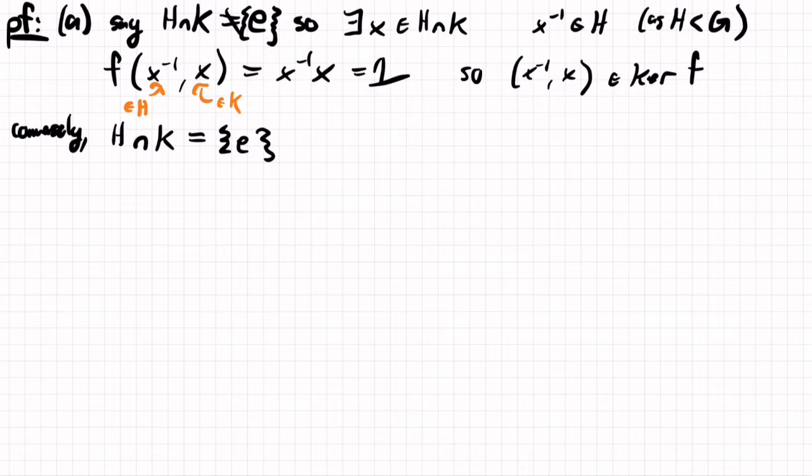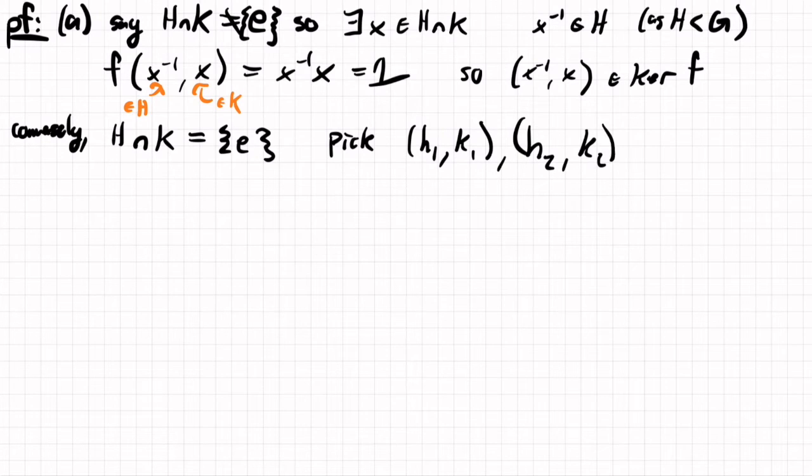So let's pick 2 elements. Pick H1 K1 and H2 K2 such that their images are the same, right? F of H1 K1 equals F of H2 K2.